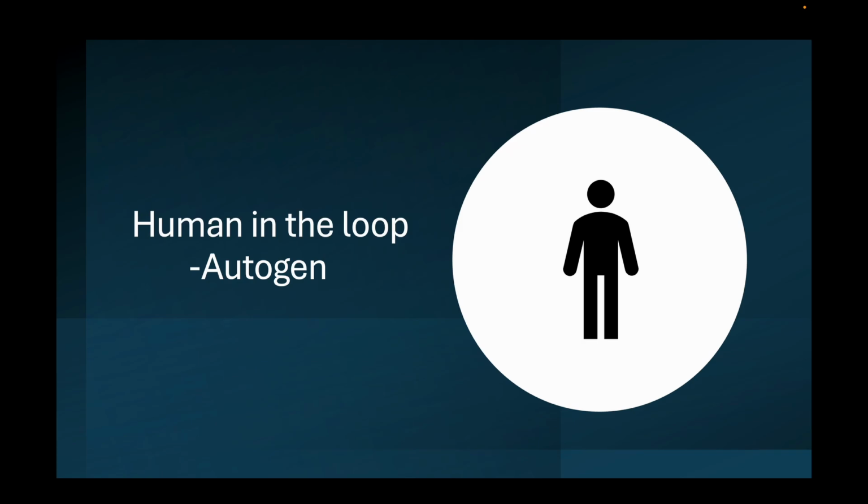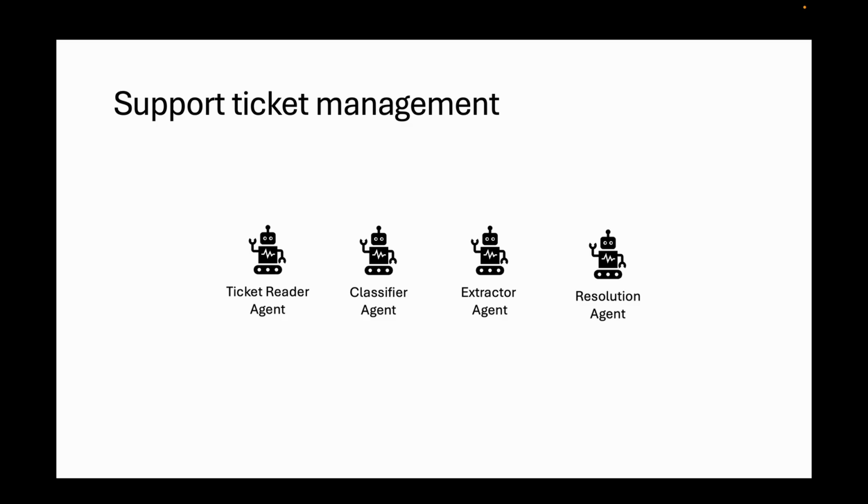Okay, let's see one of the cases which we already discussed in the previous video. We want to design a support ticket management solution, or ticket management workflow, using agentic configuration. Here we are using 4 different agents.